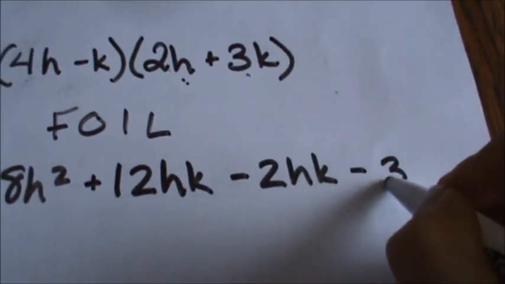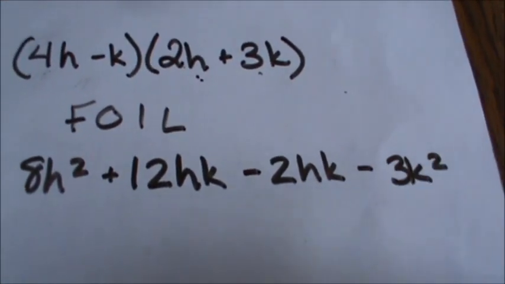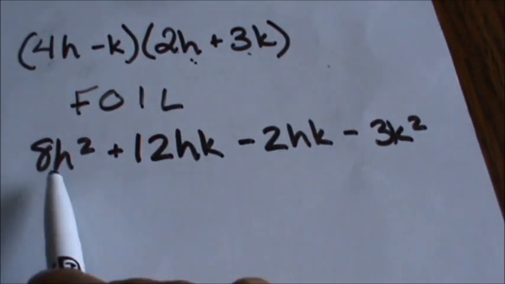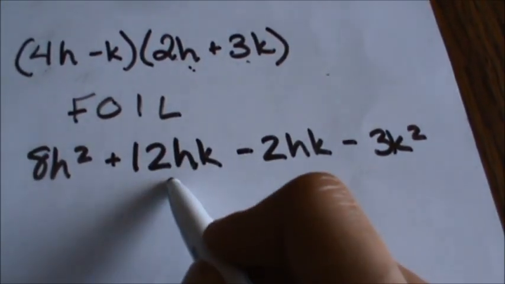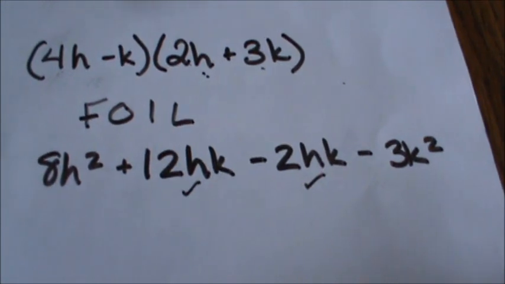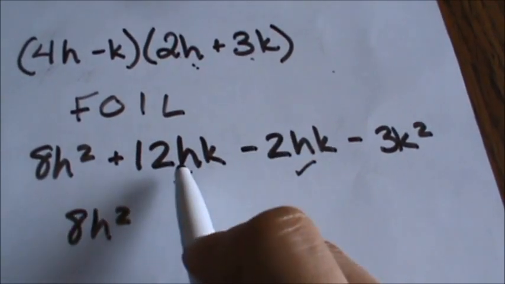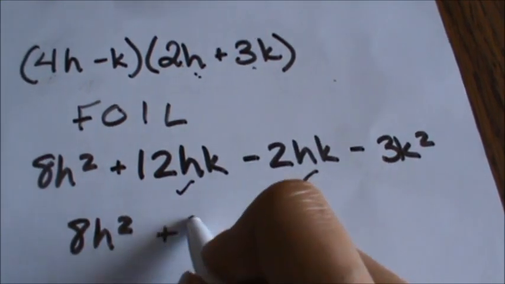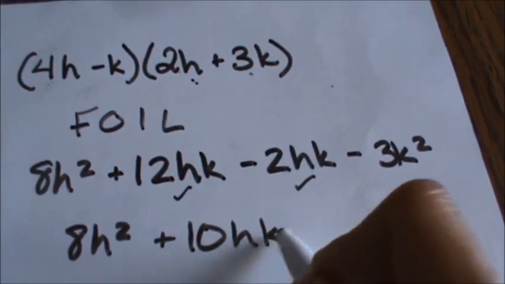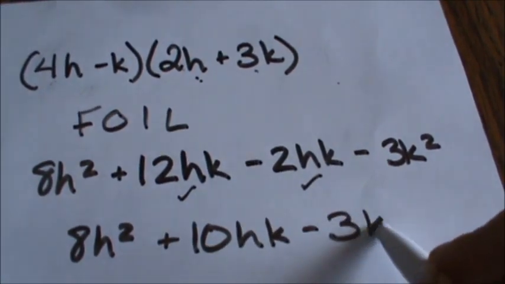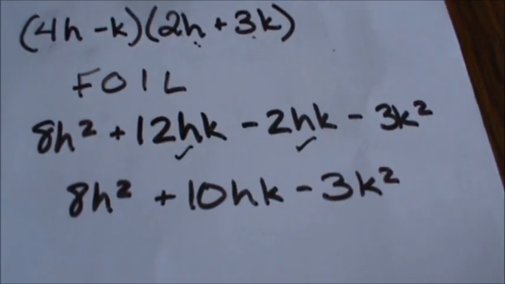That's negative 3k squared. Now I need to check my final answer to see if I have any like terms. These two, as usual, are like terms. So I have my 8h squared put together. This is going to be a 10hk minus 3k squared. Final answer.